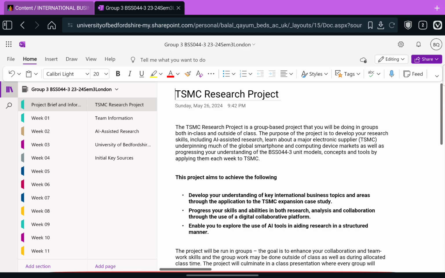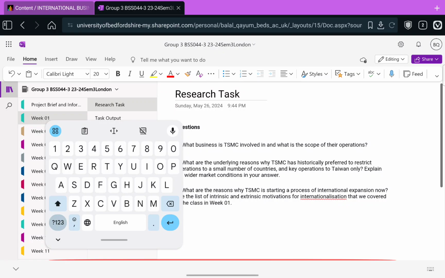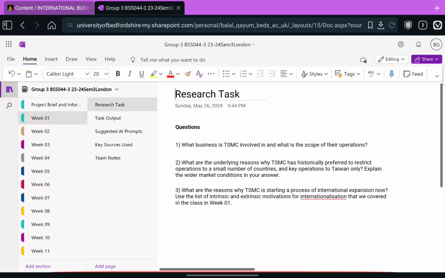For example, with this research notebook, looking at TSMC in week one, we look at motivations for internationalization, intrinsic and extrinsic motivations. We're going to be applying that straight away to the case study.